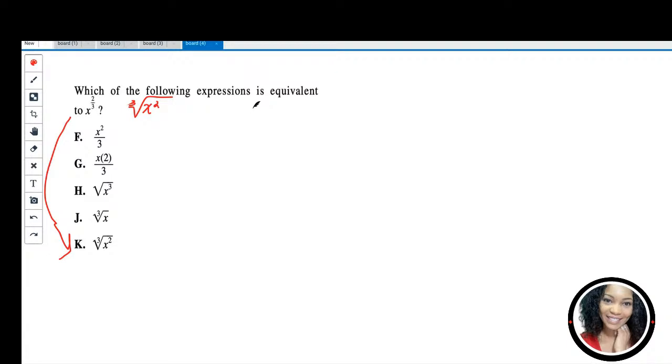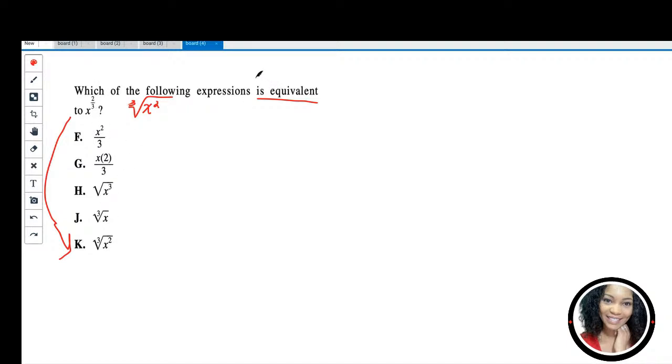And the key word that lets you know that you can do that is because it's asking you "is equivalent." When you see that magical phrase in the question, that usually lets you know you can pick numbers for either the question itself or the answer choices or both, or you can take the answer choices below and plug in.